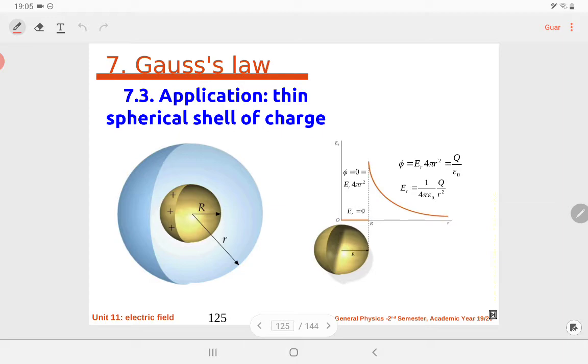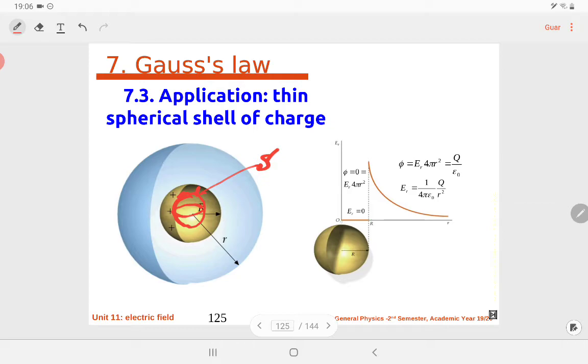However, inside the spherical shell, things are different, and this is because if you apply Gauss's law to a surface inside the shell, like the one I'm trying to plot here in red, then you end up showing that there is really no charge inside that surface. Okay, inside this S, there is no net charge, so the electric field has to be equal to 0, and this is what is represented here.